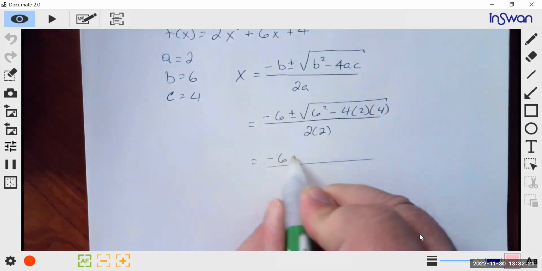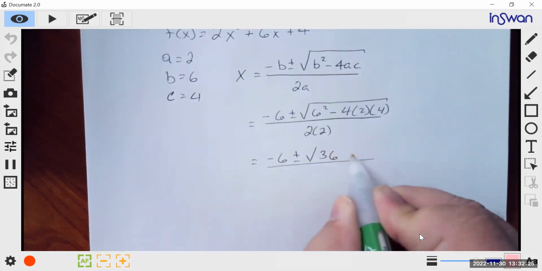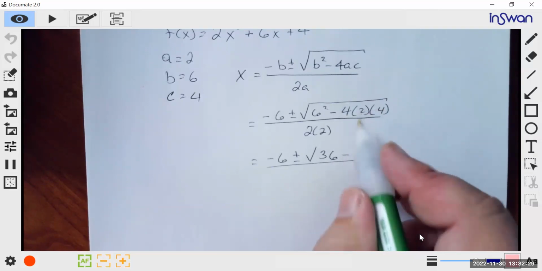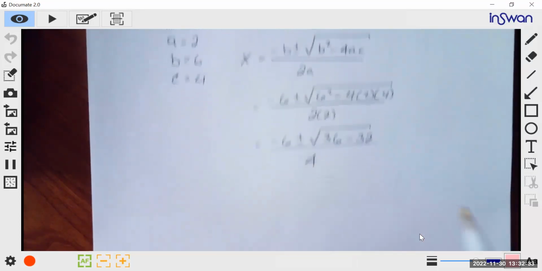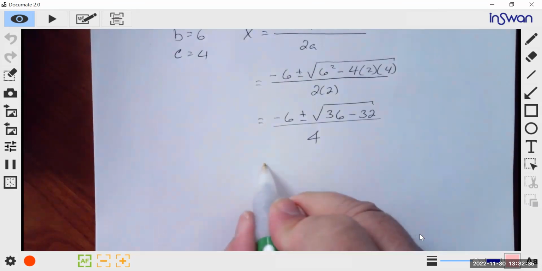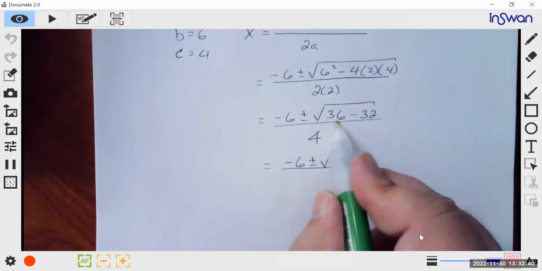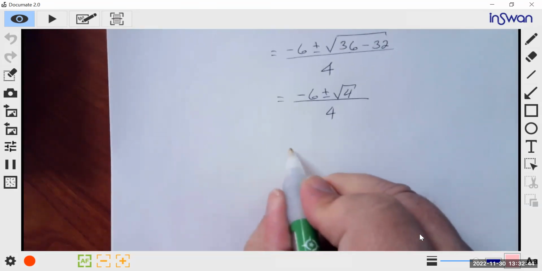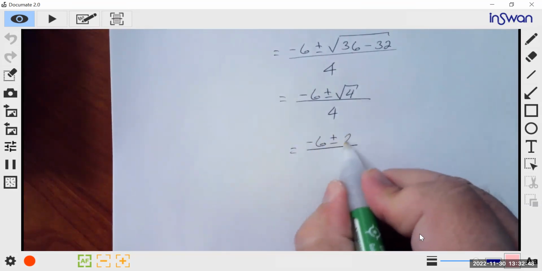So we have negative 6 plus or minus, 6 squared is 36. 4 times 4 is 16 times 2 is 32. Negative 6 plus or minus the square root of 36 minus 32, which is 4. Square root of 4 is 2.